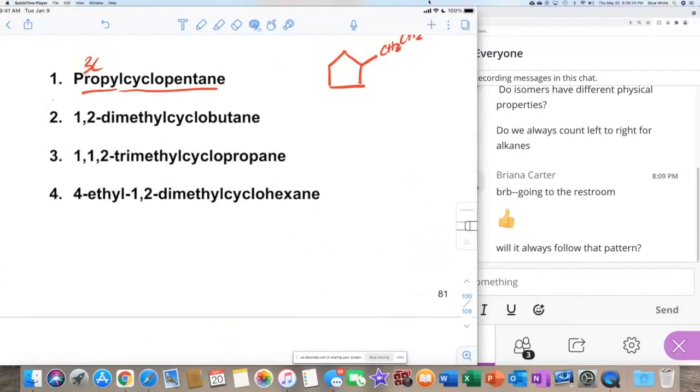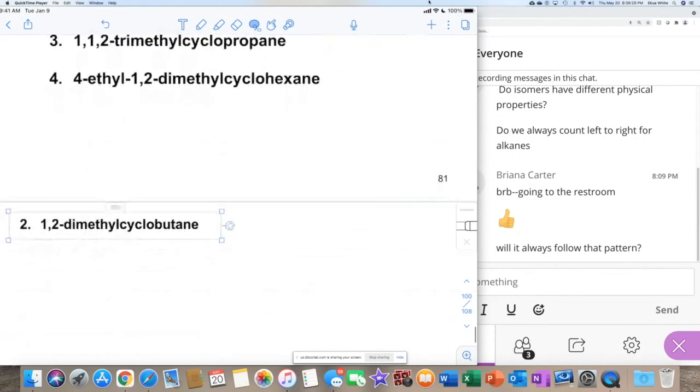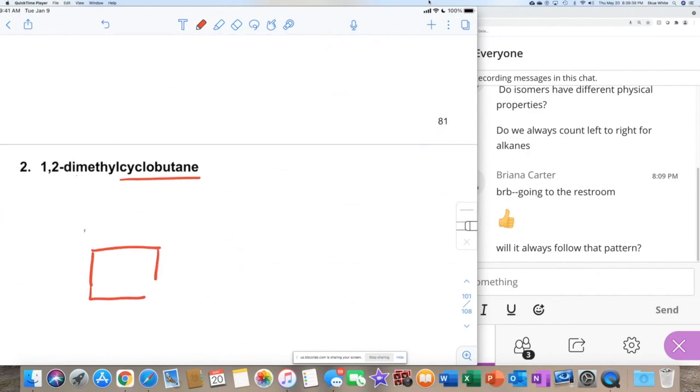Okay, the second one says 1,2-dimethylcyclobutane. Starting with the last part, cyclobutane. Butane is a box. 4 carbons, right? But, 4 carbons. 1, 2.